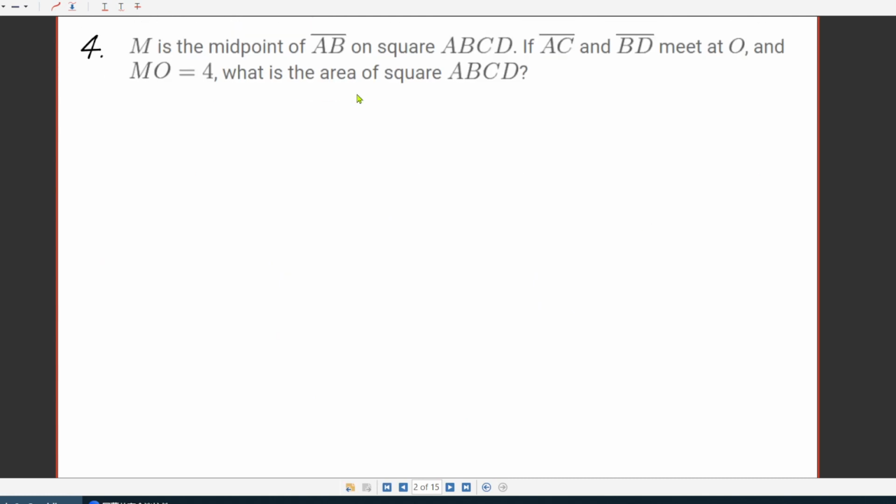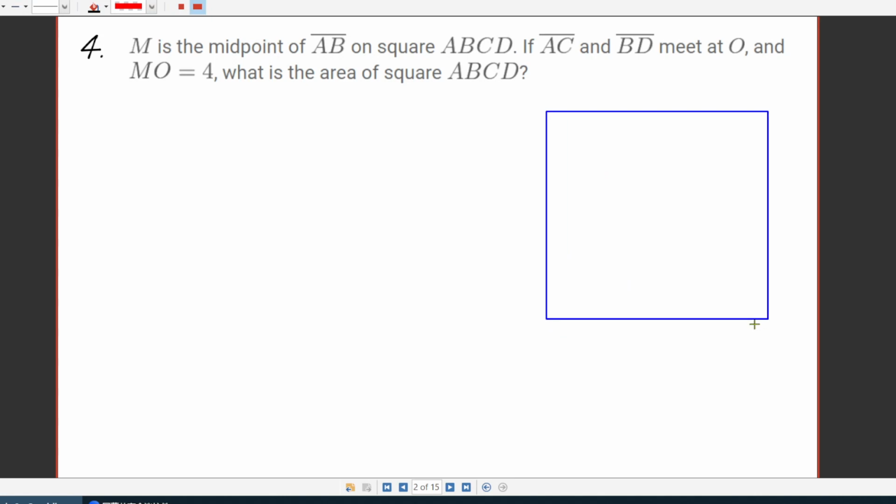M is the midpoint of segment AB on square ABCD. Okay, let's draw a square ABCD first. Suppose ABCD is a square like this. Then M is the midpoint of AB, so M is here, right?